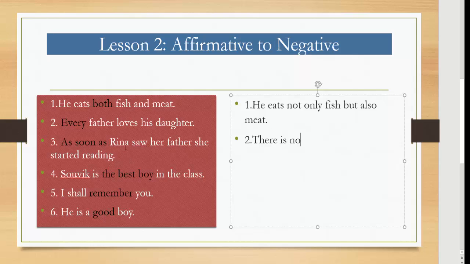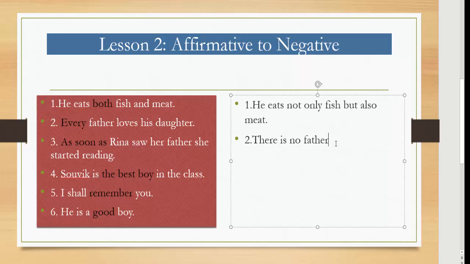There is no instead of every, plus the next noun. Here, father. There is no father. If there is every mother, then there is no mother. If there is every sister, then there is no sister. So, there is no plus noun.